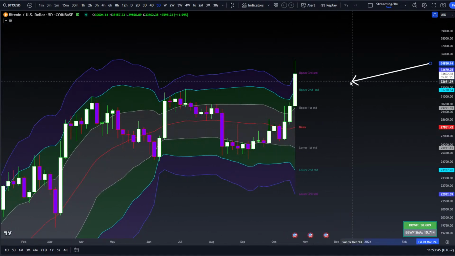The upper second standard deviation is at 31.8. That's the daily, weekly, and monthly overhead resistance that has been reclaimed and not yet retested. So don't be surprised if it gets retested. It's below there that it becomes a problem. And you can see that would also be an issue for expansion on the 5-day. So this is likely going to update and start coming up somewhere around the mid 32s, possibly $33,000 level.